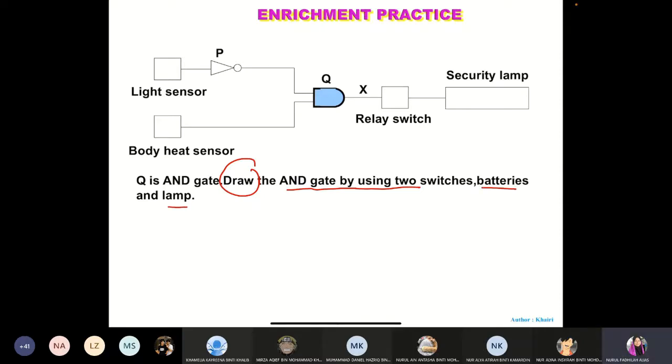We discussed this earlier, right? So the switches are in series. Okay, so you draw. So we have two switches.